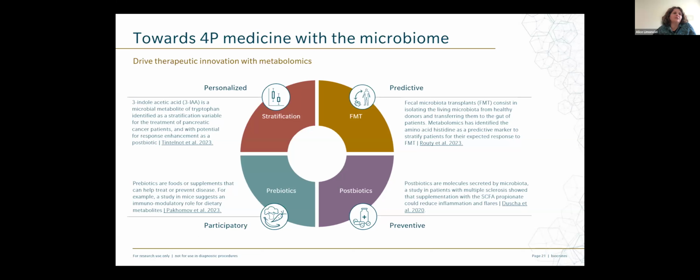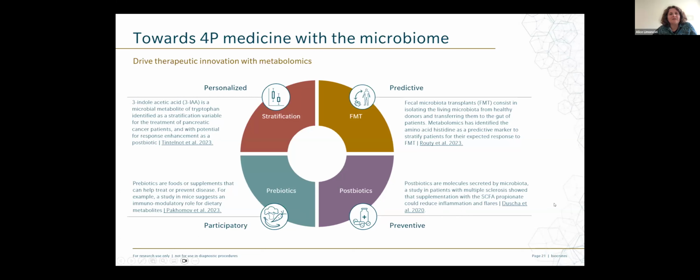In terms of participatory medicine, prebiotics can be a very good way to help people take their health in their own hands in a way. So prebiotics are, of course, the food we feed our microbiome. So this is a very interesting avenue when you combine metabolomics and microbiome. And the last example, which will probably give us a discussion point with Josep, is postbiotics.